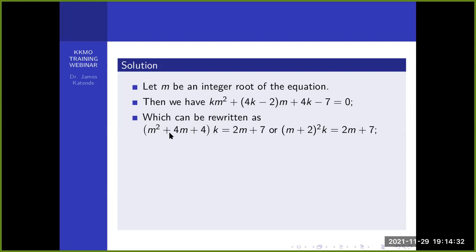So we can factorize this quadratic expression as m plus 2 squared, k is equal to 2m plus 7.